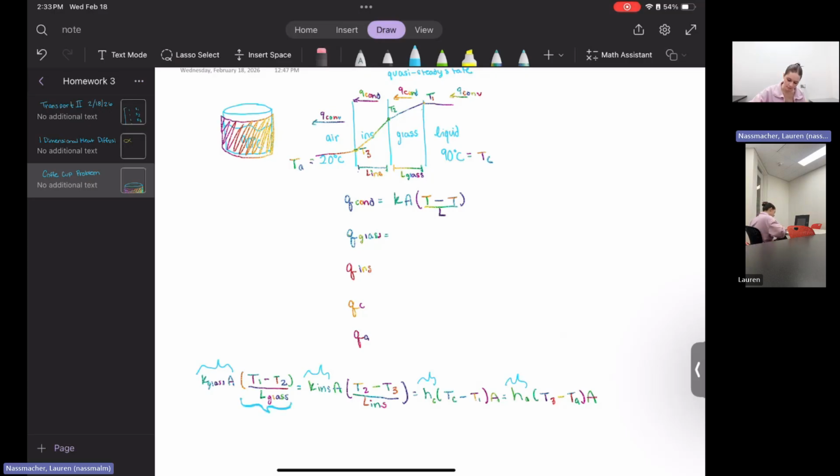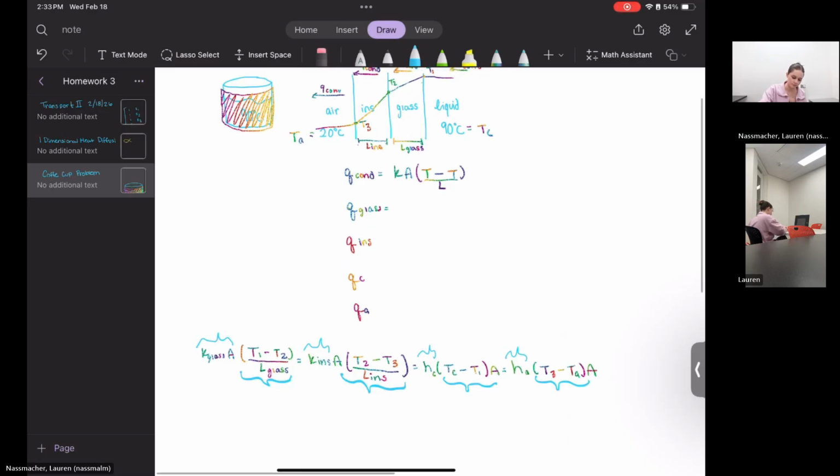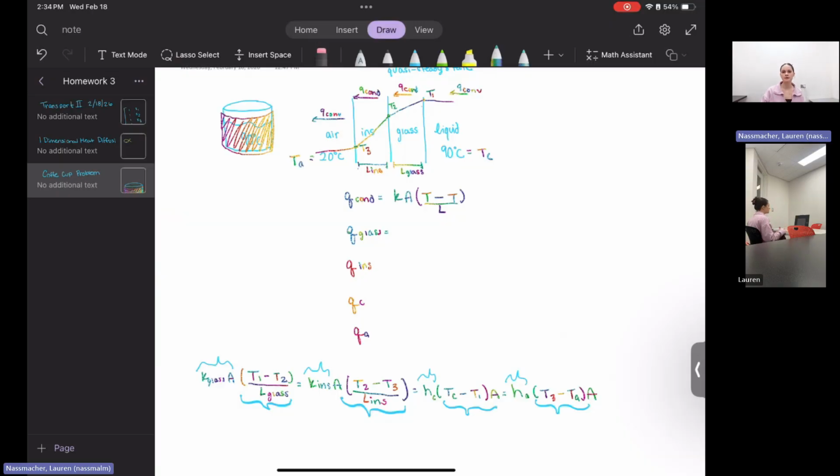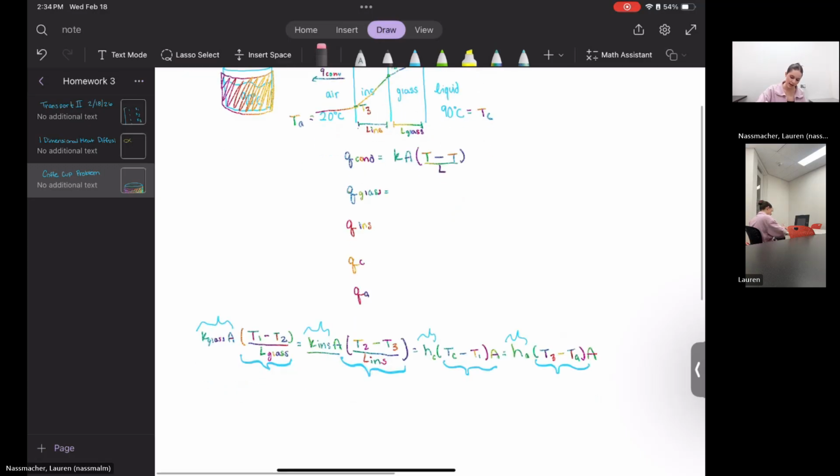The slope. These slopes will all vary. Our thermal conductivity for our insulation must be lower than the glass because it conducts heat at a lower rate. So the slope will be larger. And our glass will conduct heat at a higher rate.